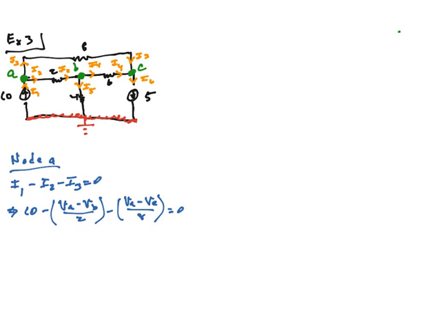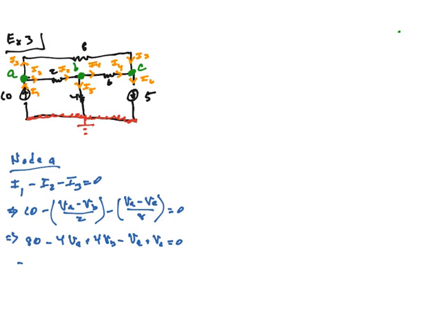So, let's take this. I want to get rid of these denominators. I have to multiply by something that cancels out all the denominators, so it has to be common. In this case, 2 and 8. 8 is common, so I'll multiply everything by 8. So 10 times 8 is 80. 8 divided by 2 is 4, so 4VA minus 4VB. 8 divided by 8 is 1, so I have VA minus VC equal to 0.